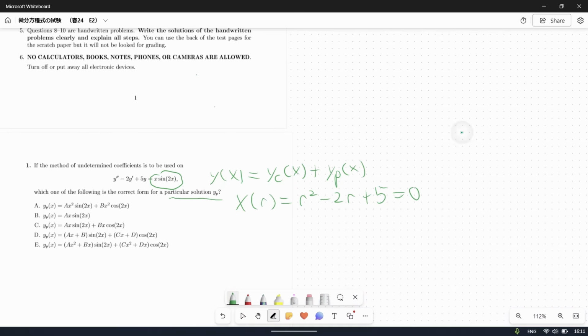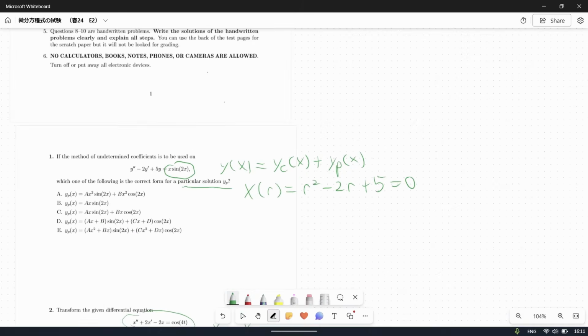And the three ways you could do that is factoring, completing the square, or if you're extra paranoid, you can use the quadratic formula. But for this question, I'm going to complete the square because I can't really factor this nicely. And also, I'm pretty sure we're going to end up with a complex r value, just looking at this.